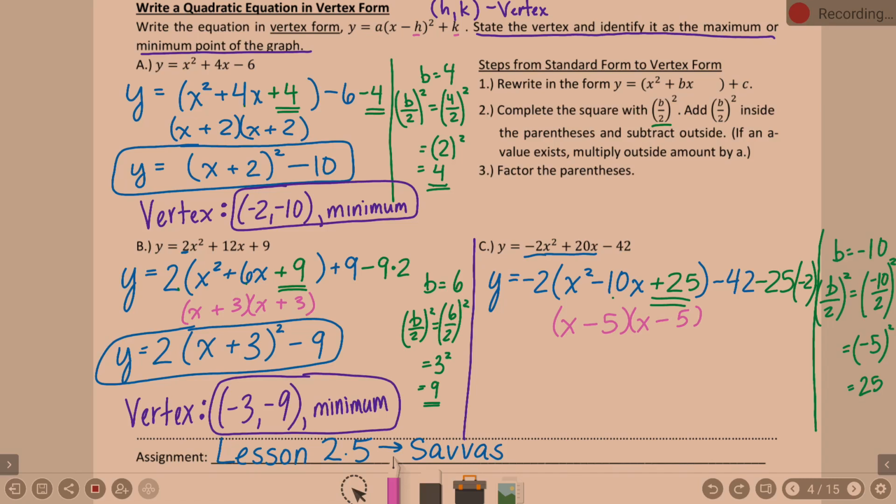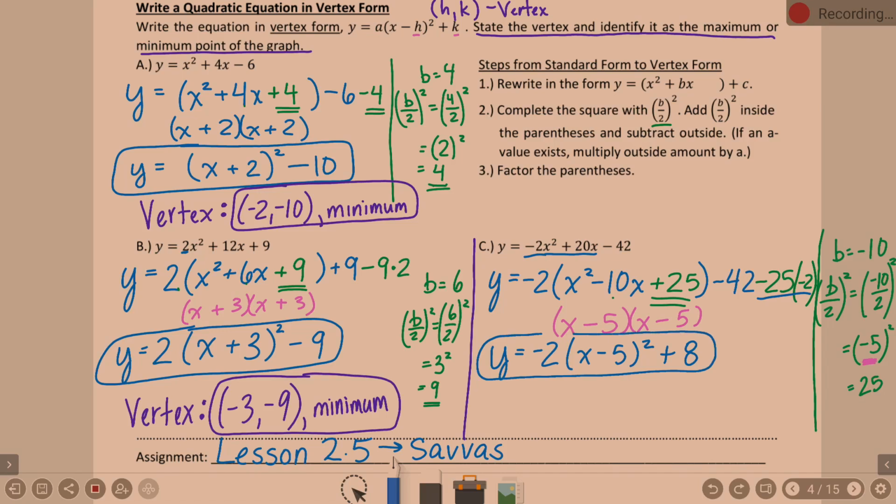It's also always this number right here that goes in your parentheses of what we got before we got the square. So let me write out what I have. Y equals negative 2 times x minus 5 squared minus 42, and this becomes plus 50. Minus 42 plus 50 is going to be a plus 8.